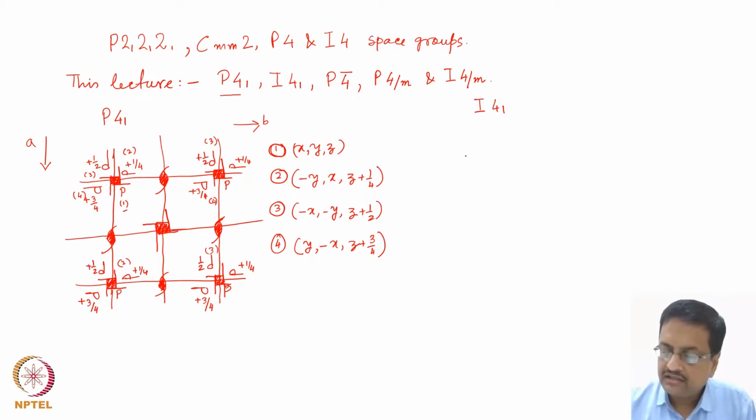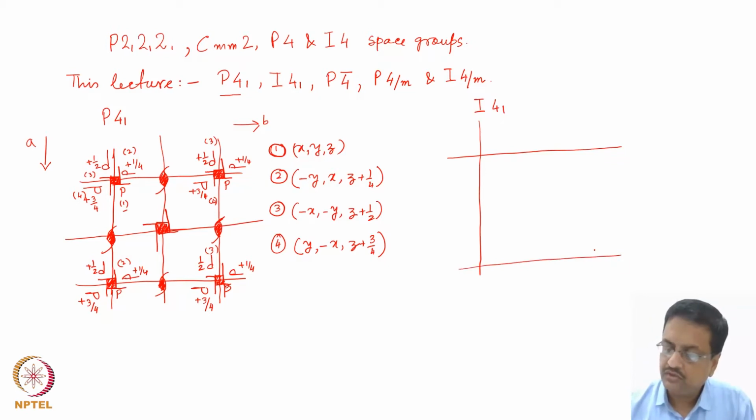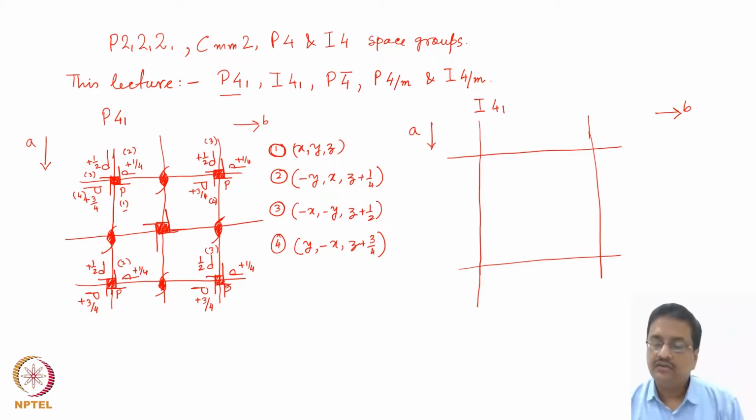Again we should draw a square projection, with the B axis along this direction, the A axis along that direction, and C perpendicular to the plane of projection.